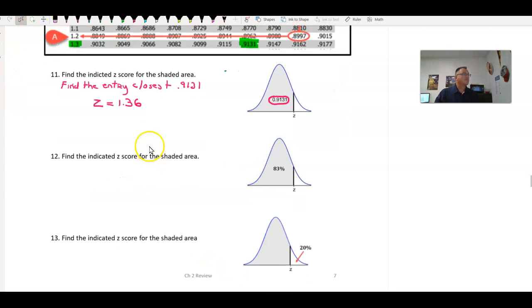So for 12 now, it's given to you as a percent, so you got to change it. So on this one, I want to find the entry closest to 0.83, because this is a percent, so I move it 2 decimals over.